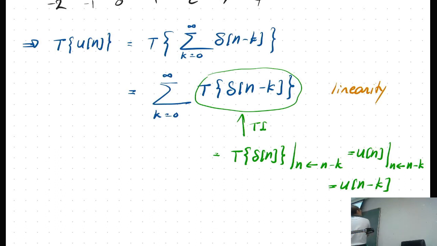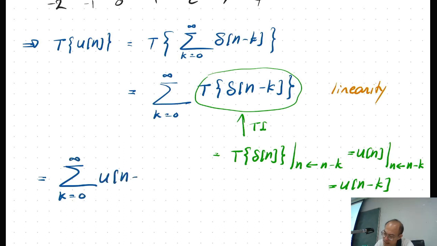I'm plugging this u[n minus k] into the summation, and I'm going to get the summation where k goes from 0 to infinity of u[n minus k]. Are you with me? If you're not with me, please let me know.